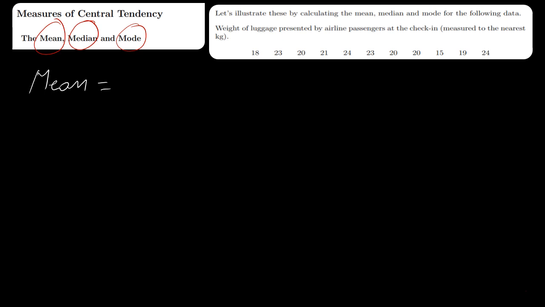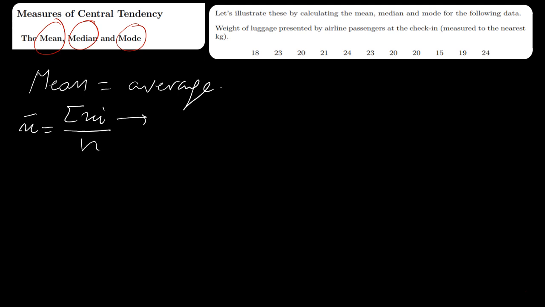When we say the mean here, it means the average. The average or the mean is denoted by x bar, and x bar is equal to the sum of xi divided by n.